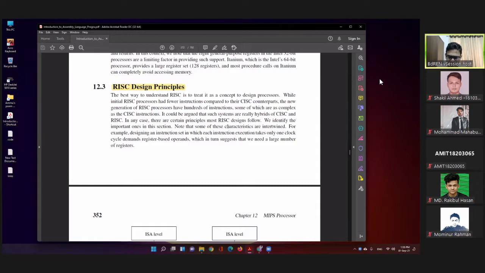In a similar way, we also need to know the structure of our RISC types of processor.